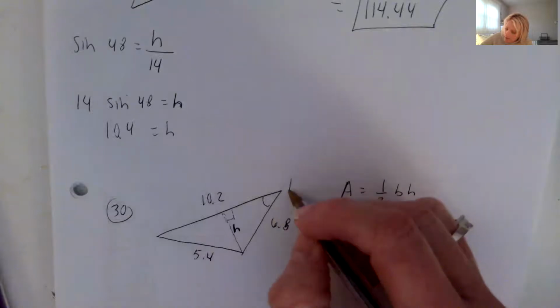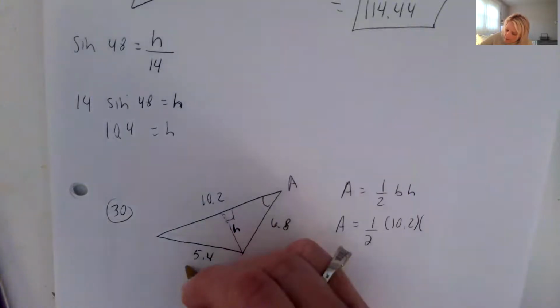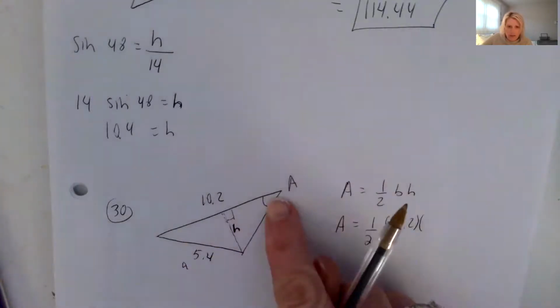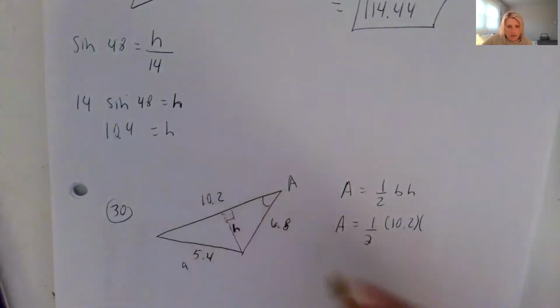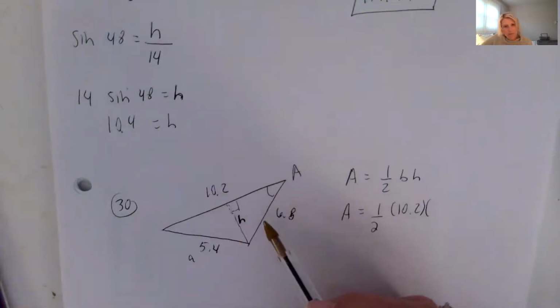So we're going to call that angle A. We have to find angle A so that we can use that angle to find the height. We're going to use the sine again, opposite over hypotenuse.